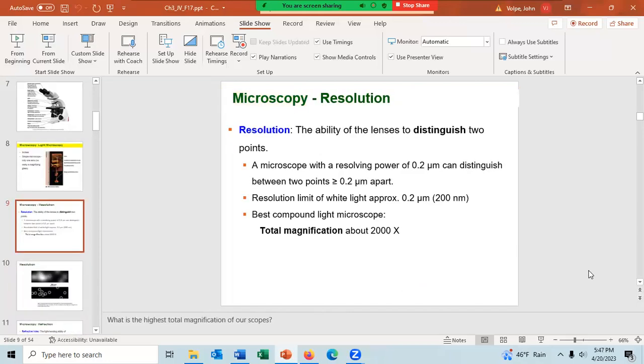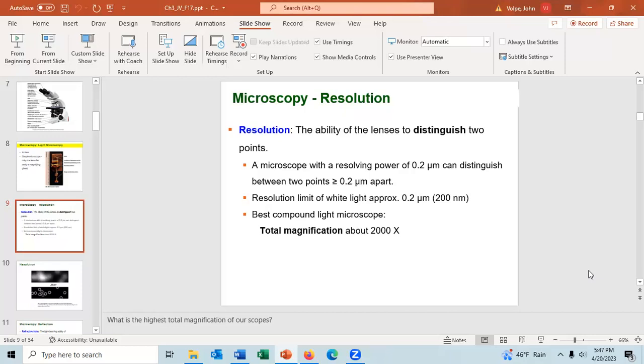All right, the resolution of a microscope is the ability of the lens to distinguish 2 points. With our light microscopes, the best resolving power we can get is that we can see 2 points and distinguish them as 2 points if they are 0.2 micrometers apart from each other.